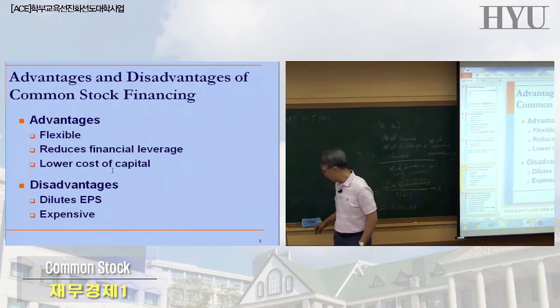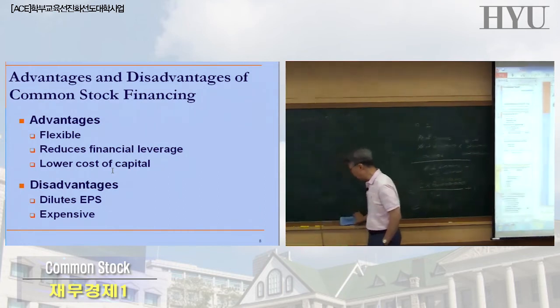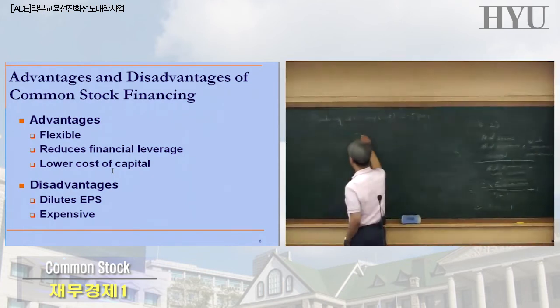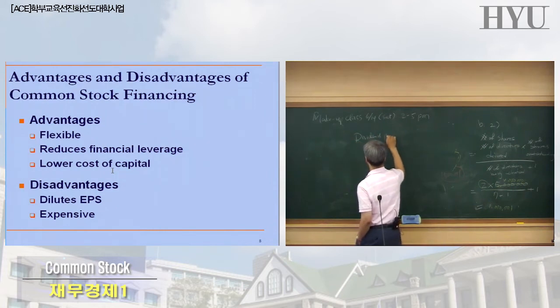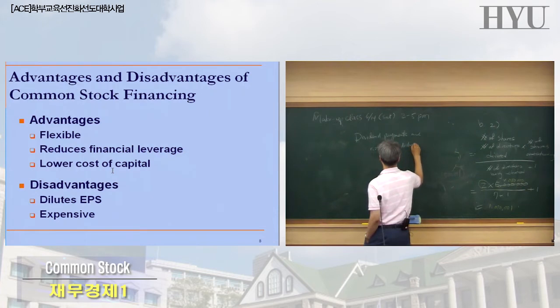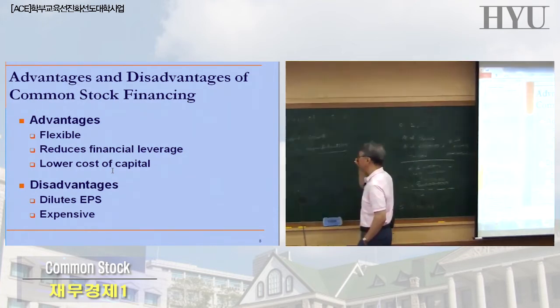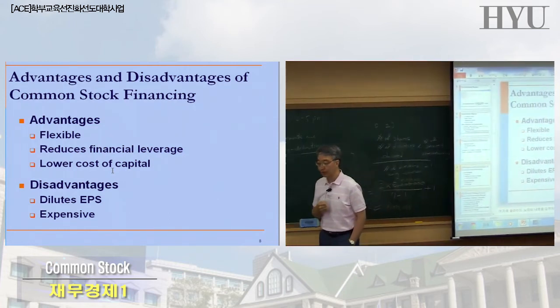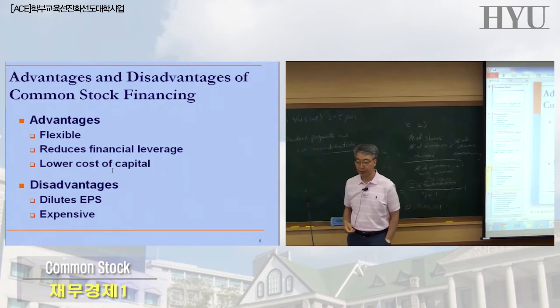It is expensive in the sense that dividend payments are not tax deductible, while the interest payments on bonds are tax deductible.